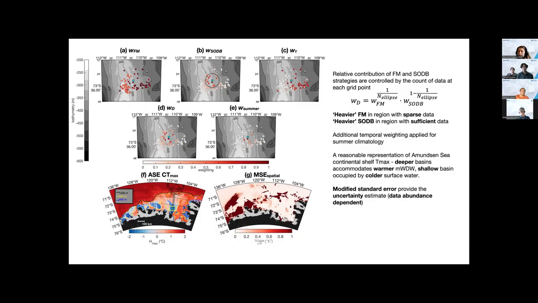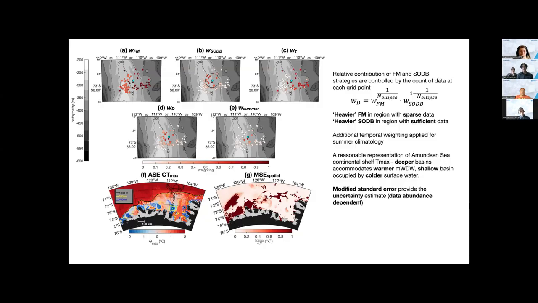So the bottom two plots are examples of what we get from this climatology. The bottom left is the temperature maximum on the continental shelf of the Amundsen Sea, and as we can see, it captures the temperature structure very well, in the sense that we have warmer water in the deeper basin of the continental shelf as a signature of the modified warm deep water, and in the shallow region it is colder because it is mainly occupied by the cold surface water.